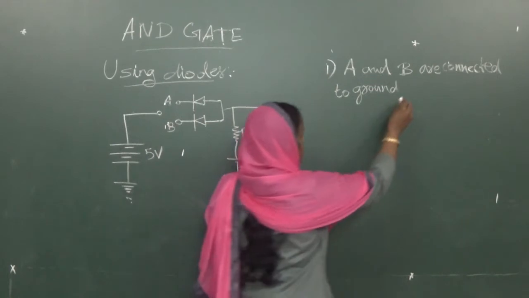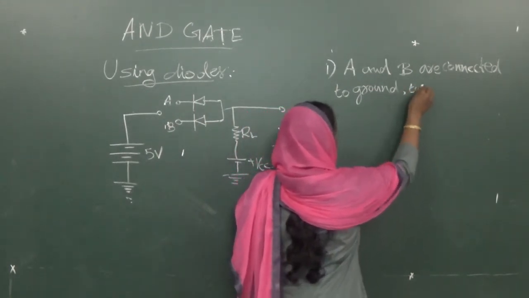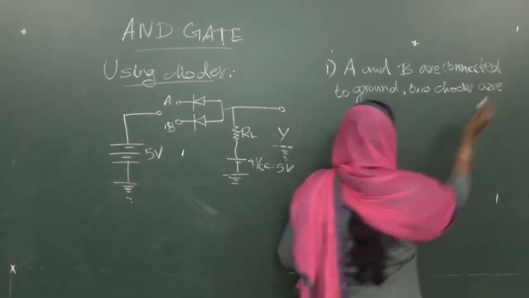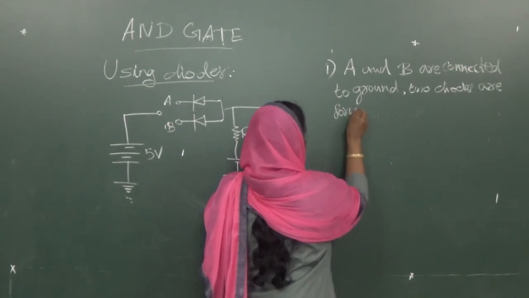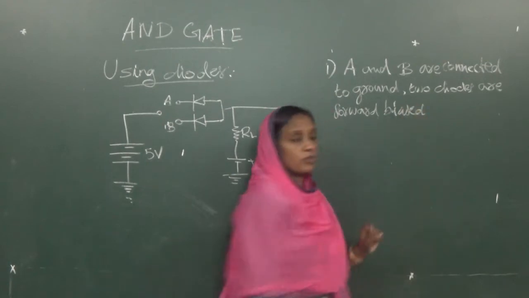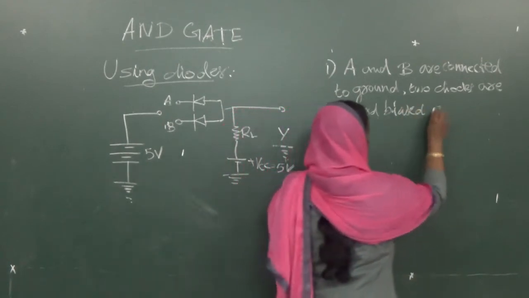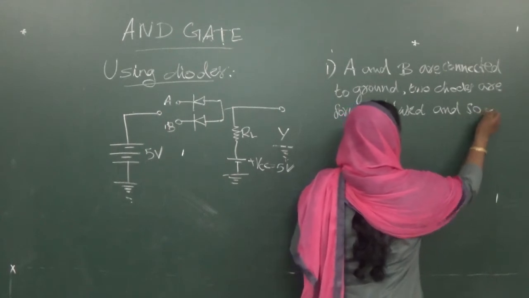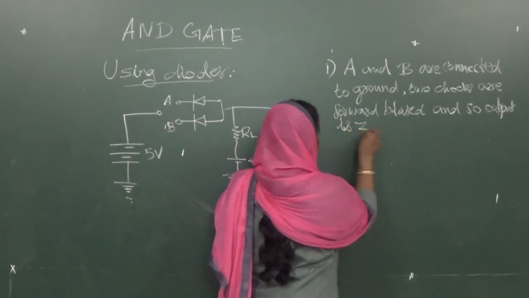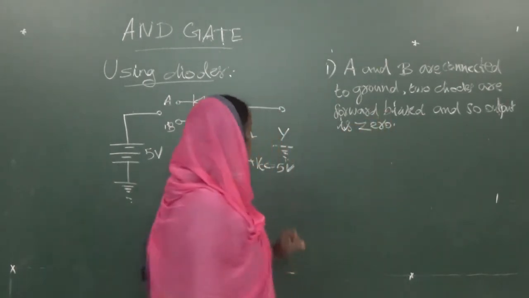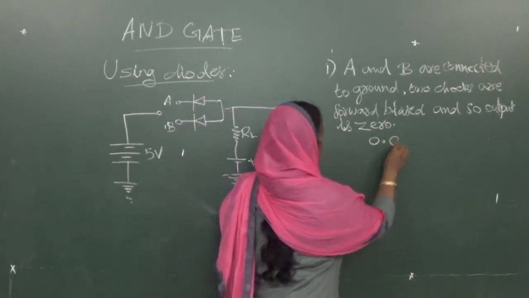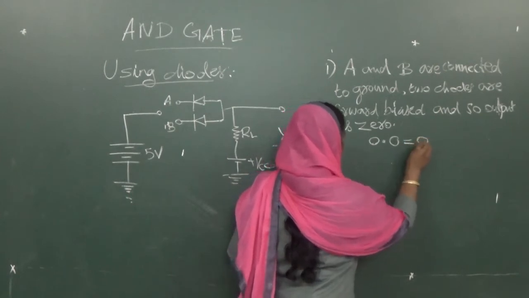Then what happens? The two diodes are forward biased, and so output is 0. So the first condition is that 0 and 0 equals 0.